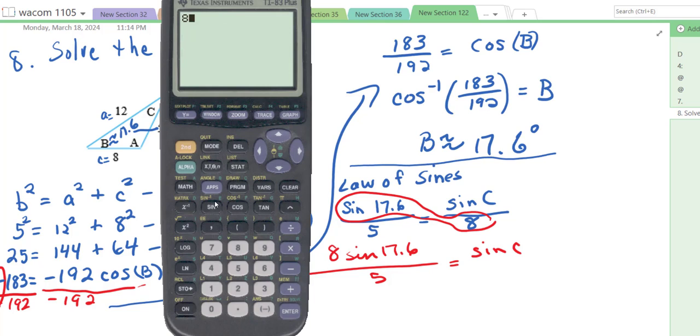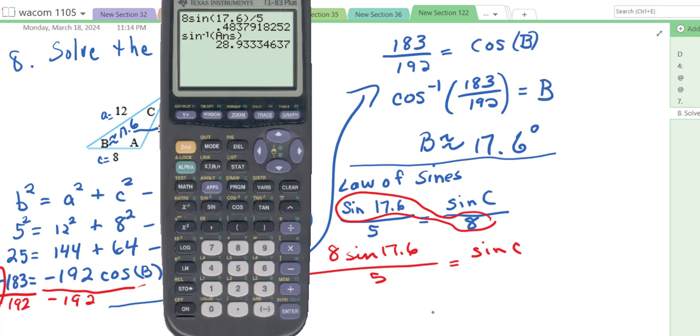So 8 sine 17.6, close, divided by 5, enter. All right, but now we want to do sine inverse because we want C. Second sine inverse, second answer to dump that whole value in there, close, enter. 28.9, we're only wanting one decimal place here, will be angle C. 28.9.